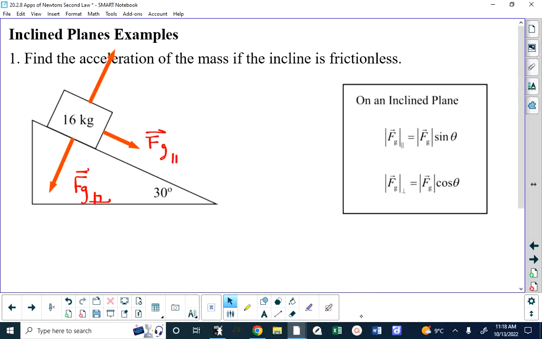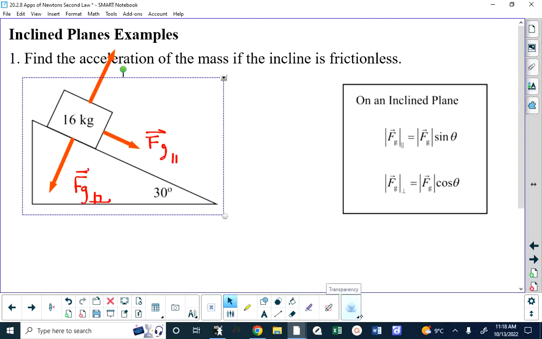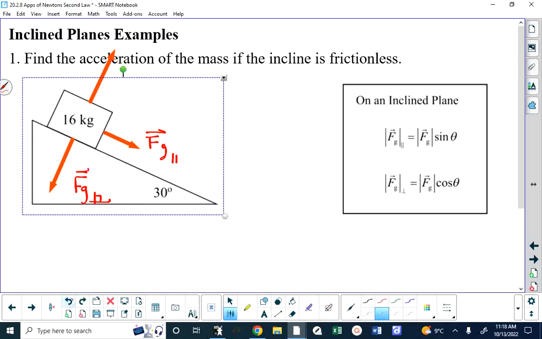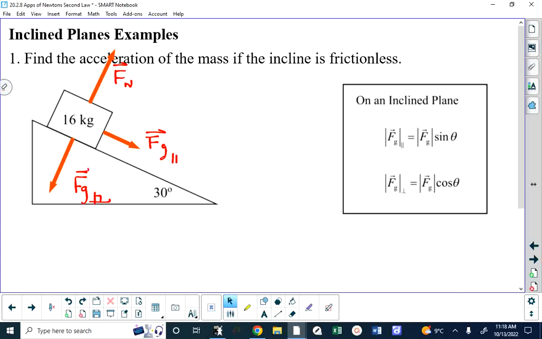This is the force of gravity that is parallel to the ramp. And what's that third force up top called? The normal force, right? And that's it. Those are the only forces. Notice that I put vector symbols above the forces because the directions are important.